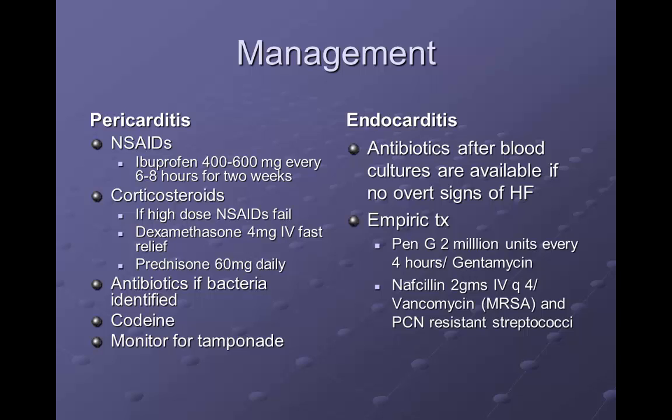Other combinations, you could use Cipro, but the Cipro has to be combined with vanco and gentamicin. You could also do doxycycline plus gentamicin. Those are the possible combinations when the patient is allergic to penicillin.